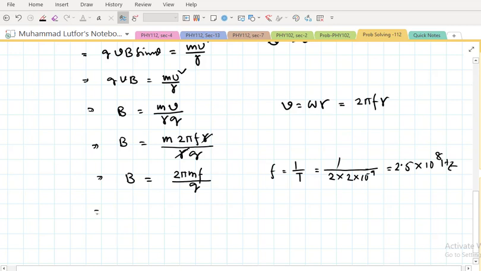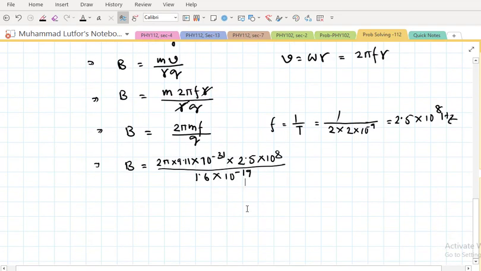Fine. Now if I put all the information over there, I can find out. So 2 pi, mass of the electron is 9.11 into 10 to the power minus 31, and the frequency is 2.5 into 10 to the power 8 hertz, divided by the charge of the electron, which is 1.6 into 10 to the power minus 19 coulomb.